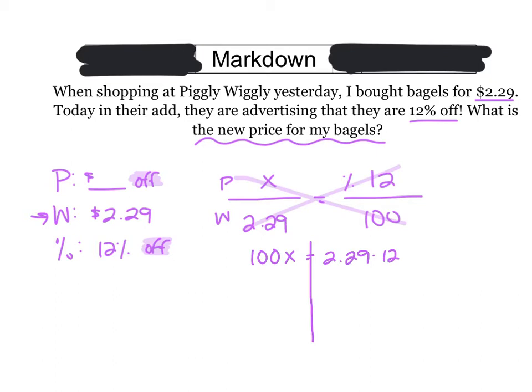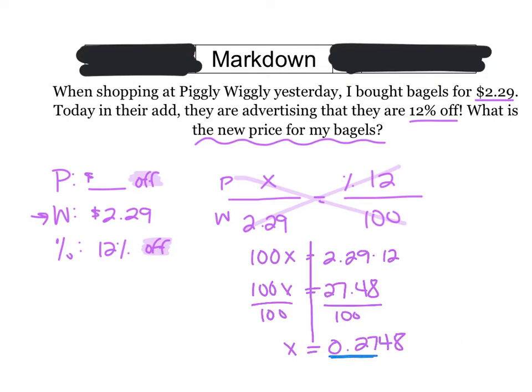So let me get my calculator out. And when I multiply, I end up with 100x equals 2748, divided by 100, and we get x equals 0.2748. But remember, we're talking about money. Money gets two decimal places. So this 4 is not going to make me round up, so I get 27 cents.